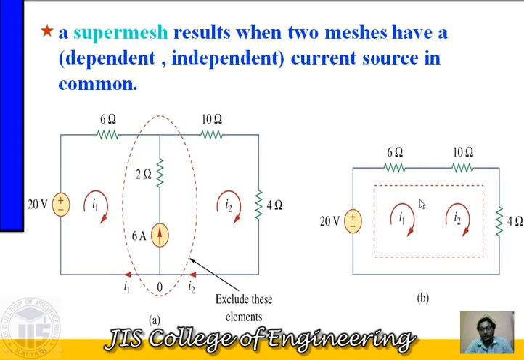It means I1 flows through the 6 ohm resistance and I2 flows through the 10 ohm and 4 ohm resistances. After this super mesh consideration, we apply KVL within the whole path, where the 6 ohm resistance has current I1, the 10 ohm resistance has current I2, and the 4 ohm resistance also has current I2.